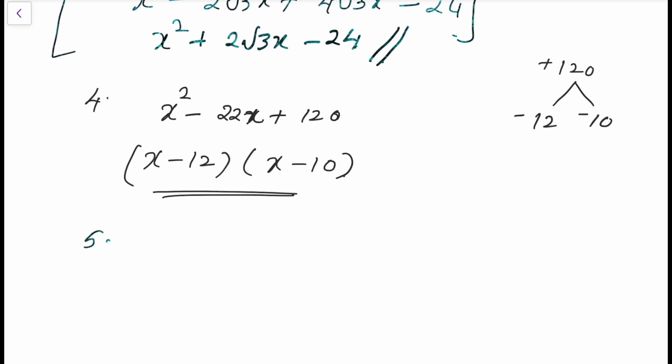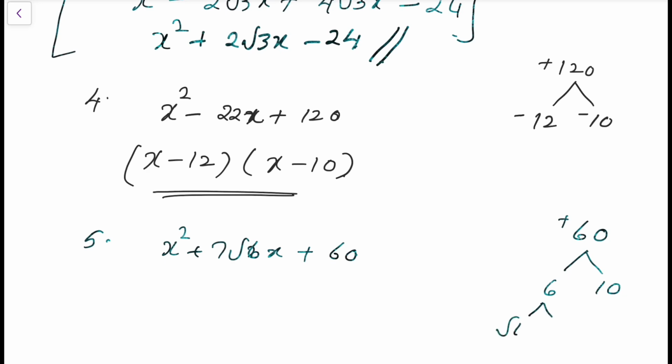The next question, x squared plus 7 root 6 x plus 60. So 60, and you have root 6, that means you have to take 6 into 10. So 6 can be written as root 6 into root 6 and 10 can be written as 5 into 2.